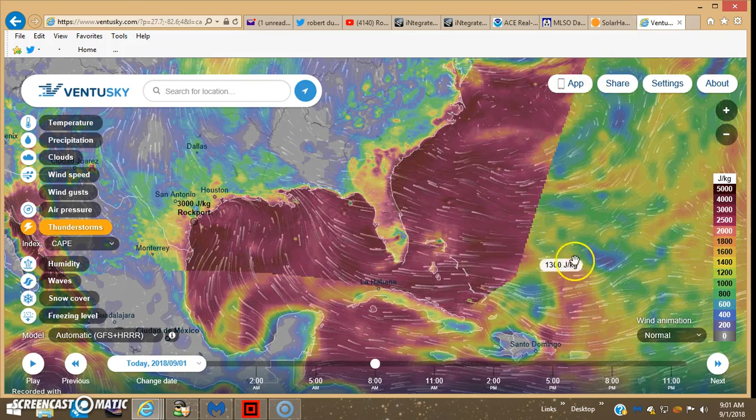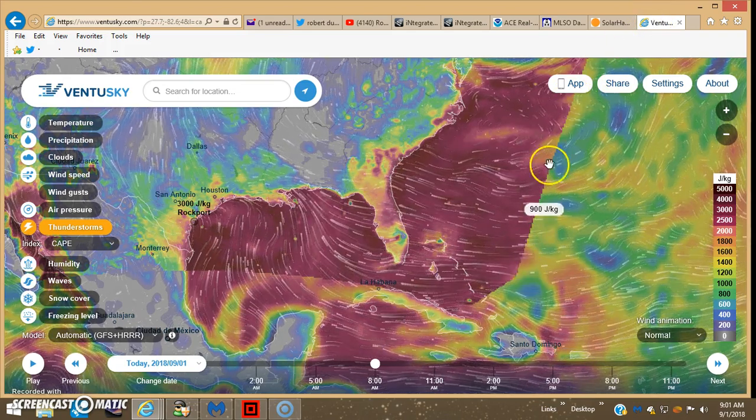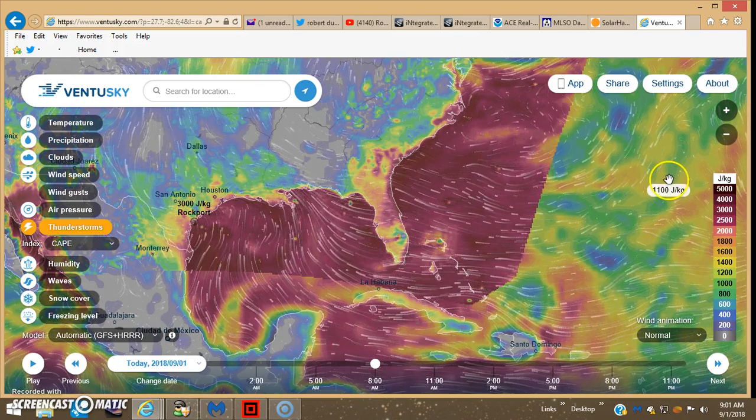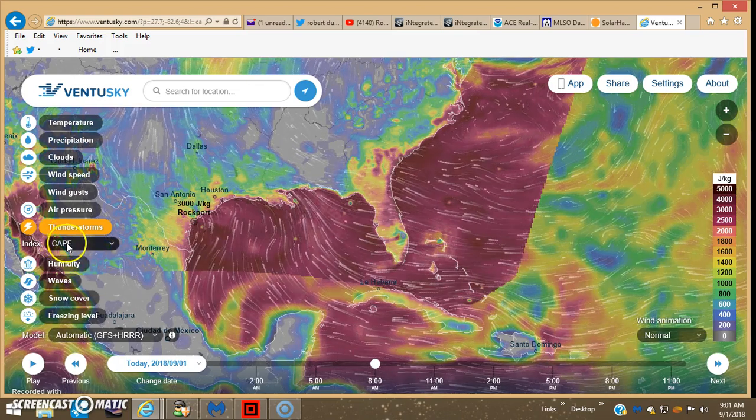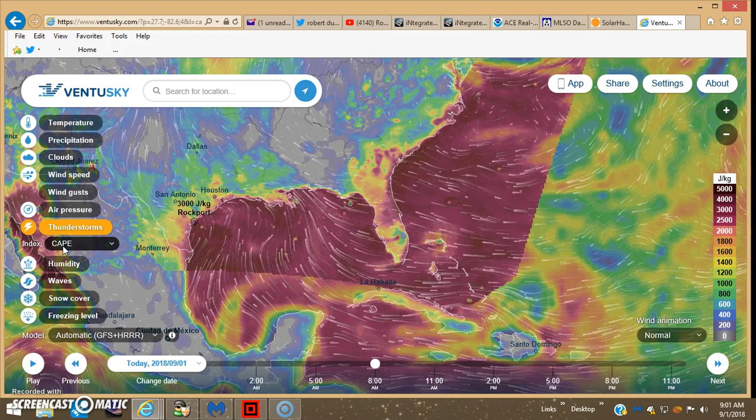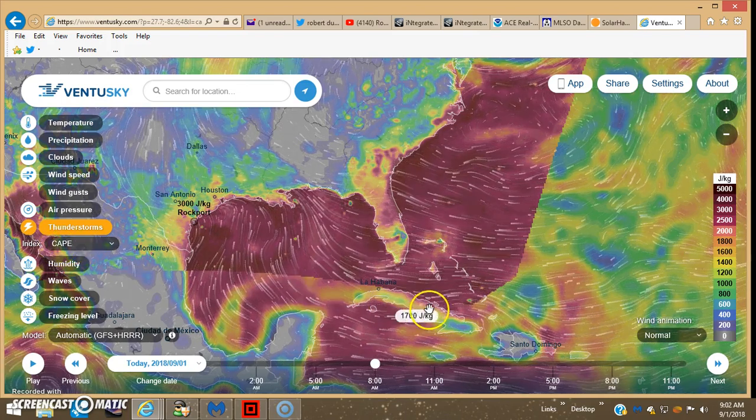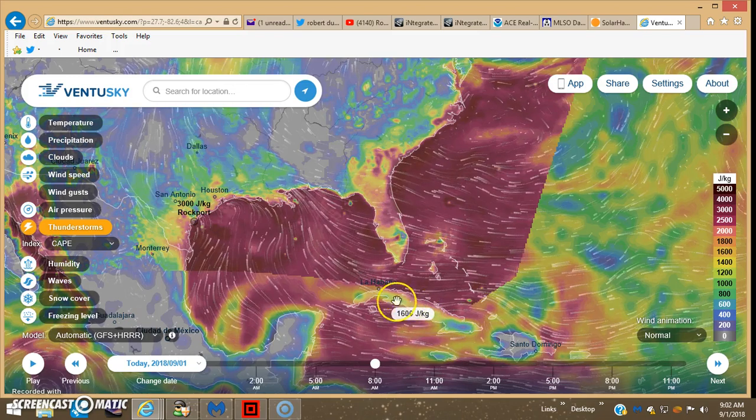Here's one little last bit on the Bloomsky here. I touched on this several times, but this is the CAPE index. It measures the atmospheric potential energy in the atmosphere, and it's measured in joules per kilogram.